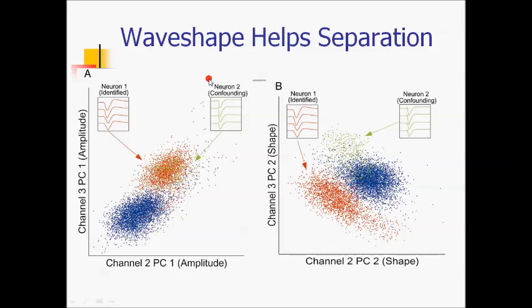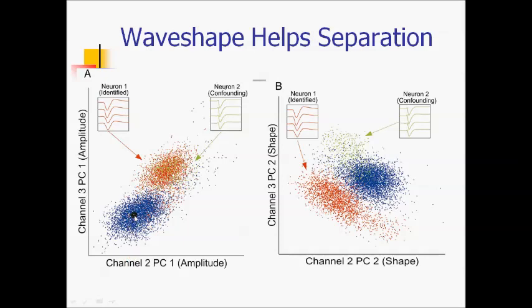Here is another example where we have two neurons, neuron 1 with these waveforms, neuron 2 with those waveforms. Because we are using tetrodes, this is the average waveform from one channel, second, third and fourth. And you can see that here is a cloud representing one neuron.